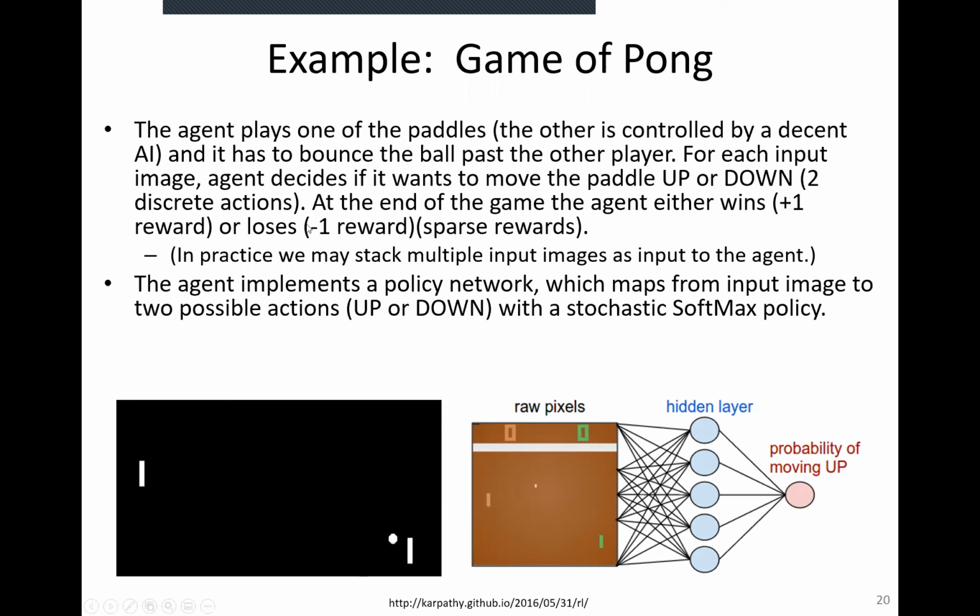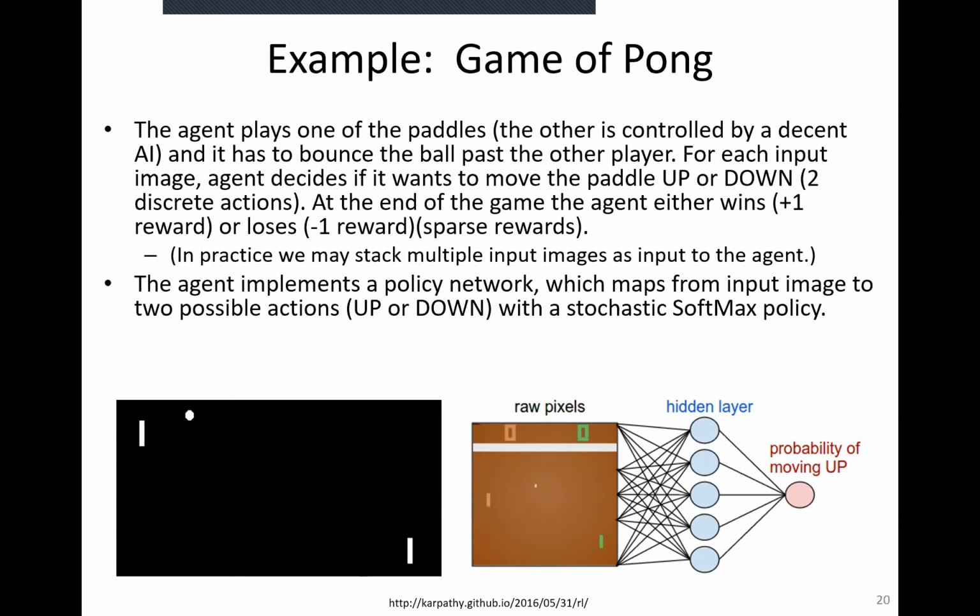For each input image, the agent decides if it wants to move the paddle up or down. You have two discrete actions. At the end of the game, the agent either wins with a +1 reward or loses with a -1 reward. So the rewards are sparse, only at the end of the episode.